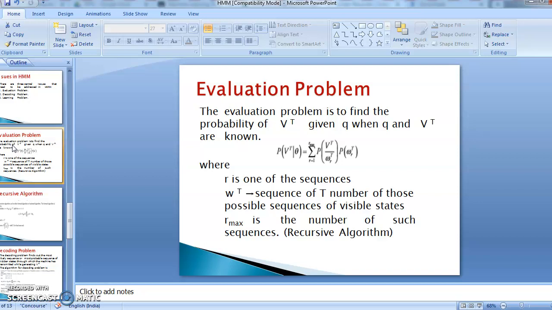So which model will be effective, which will evaluate our problem's probability? The evaluation problem is: given this visible sequence, what are the different models, and which model can we select so that our visible state probability will be higher and more accurate?